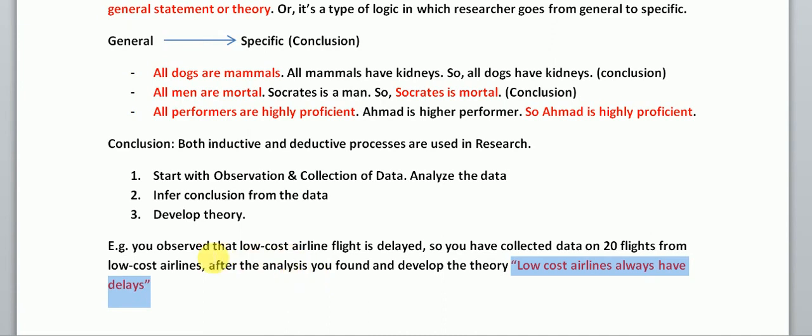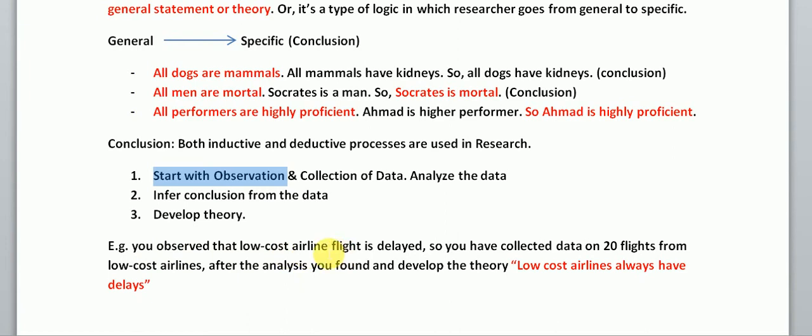You have noticed that those low cost airlines are delayed, and then you made sure with a number of analyses. You took 20 flights from low cost airlines, analyzed them, and found that yes, the 20 flights were delayed, and then you concluded that all low cost airlines always have delays.